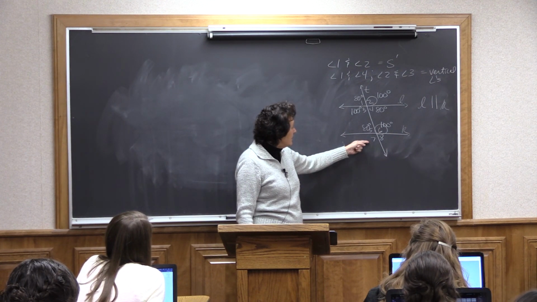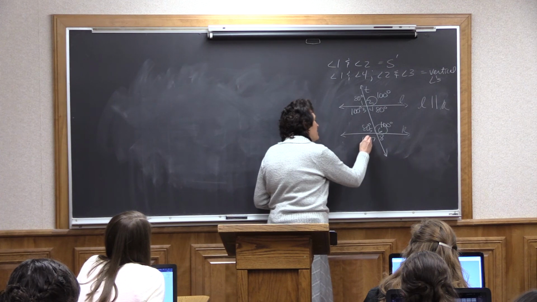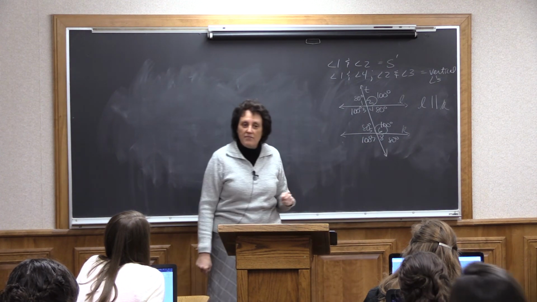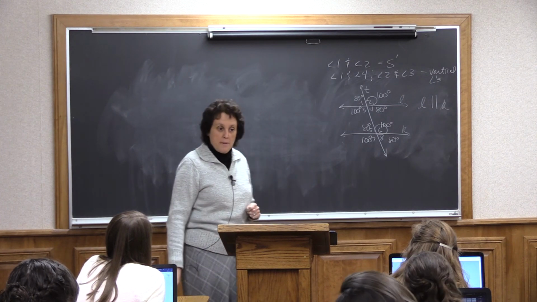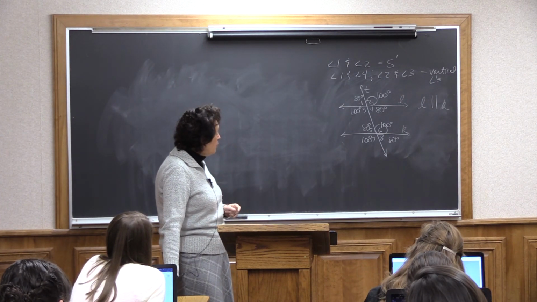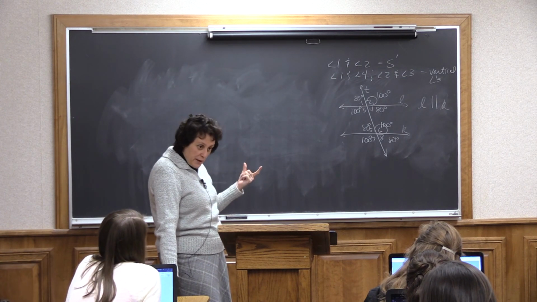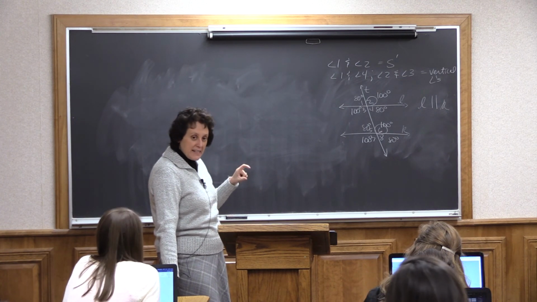And it's also supplementary to 7, which has to be 100. Given any one angle, we can find the other 7, okay? With vertical angles, supplementary angles, and corresponding angles.